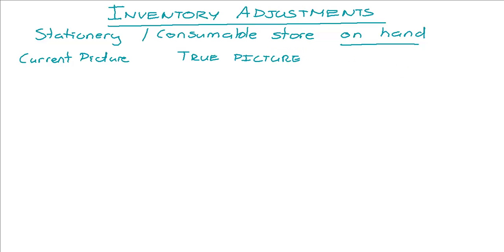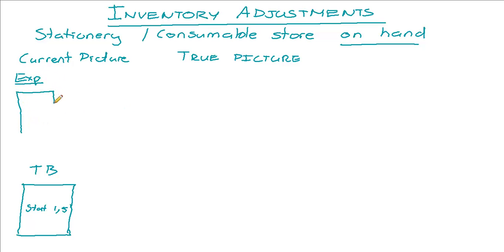Now, our current picture may reflect in the trial balance that I've got an expense for stationery of 1.5 thousand Rand. And that is an expense. So my expenses may be, let's say this represents 1,500 Rand.